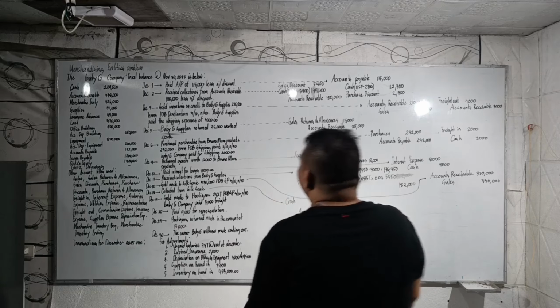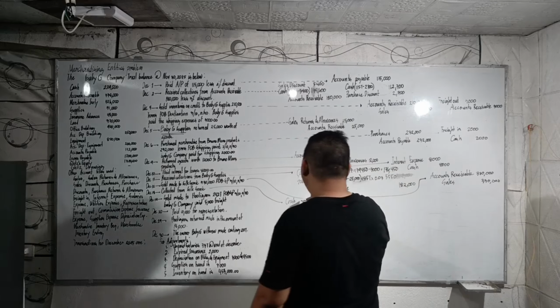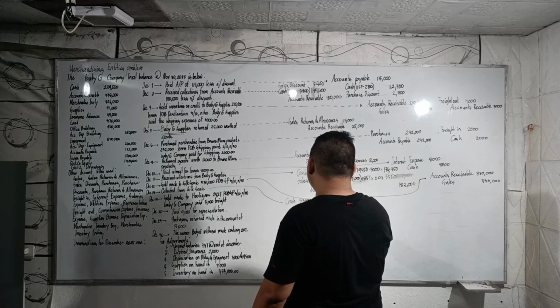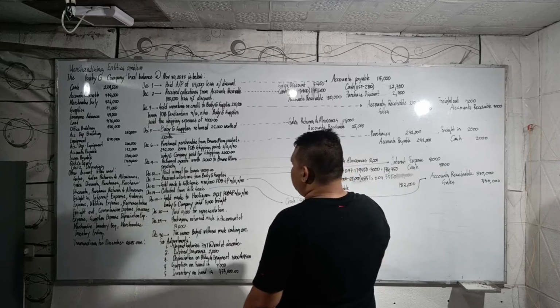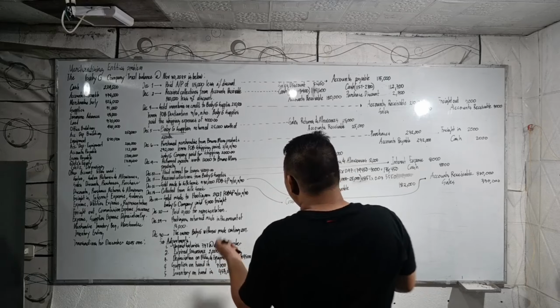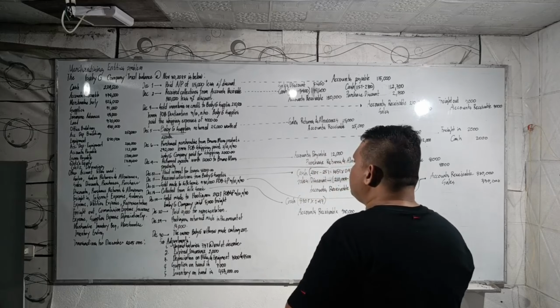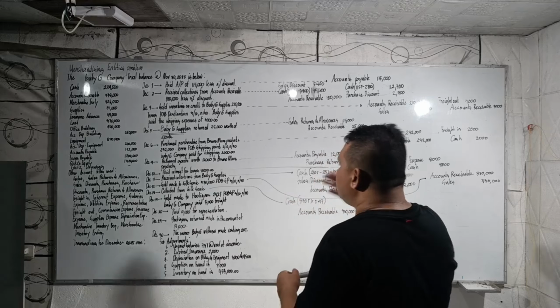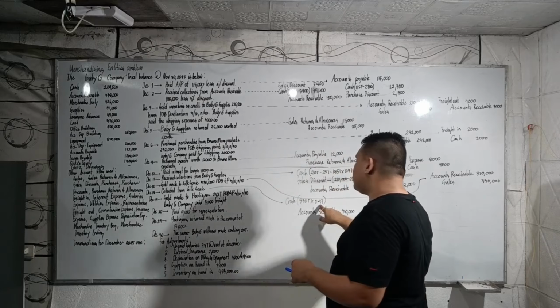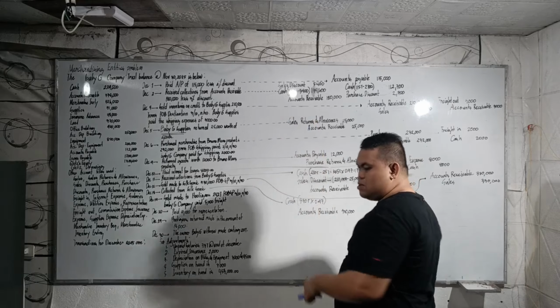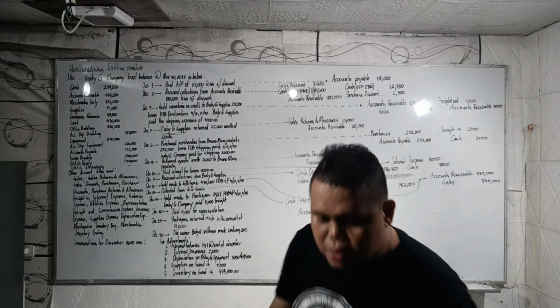But the cash, we're not going to get the full amount, because it's 330,000 times 0.97 only. Why 0.97? It's because from 100%, since Silksonic paid within the discount period, minus 3%. 100% minus 3% is 0.97.